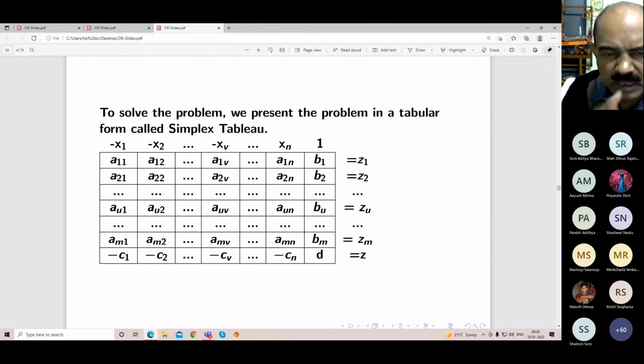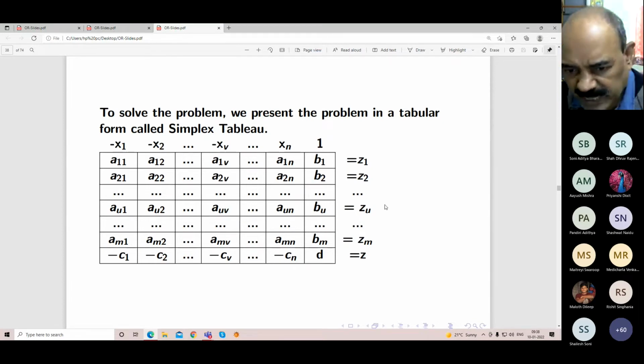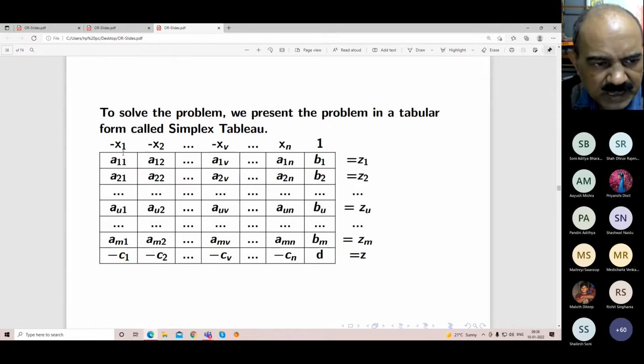Assuming the coefficient matrix has rank m and it has an infinite number of solutions, we have selected z1, z2 up to zm as non-zero, the rest are zero. So if you set x1, x2 up to xn to zero, we are finding z1 equal to b1, z2 equal to b2, zi equal to bi, zm equal to bm.